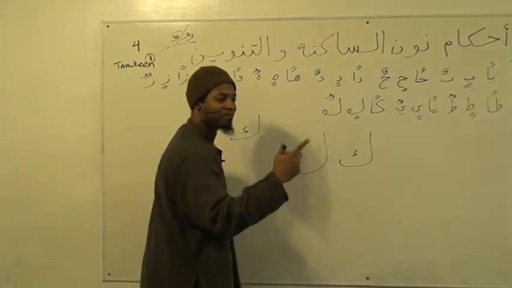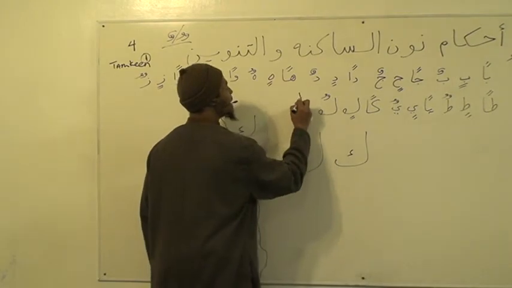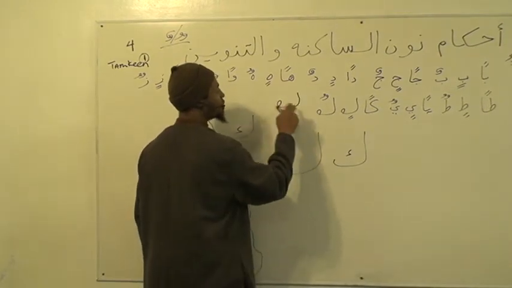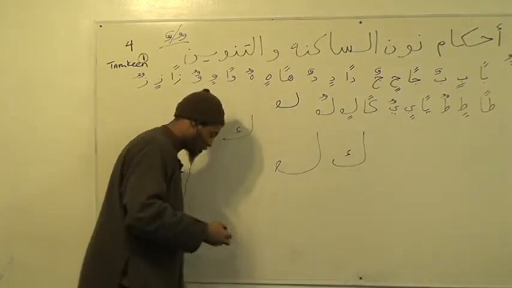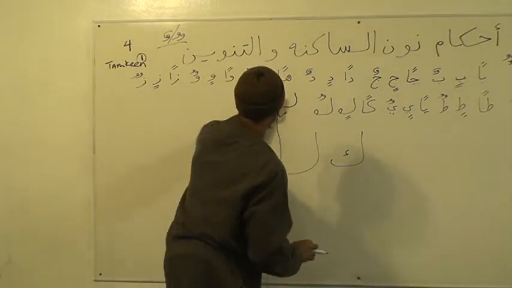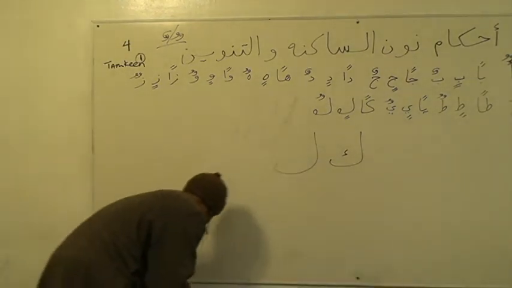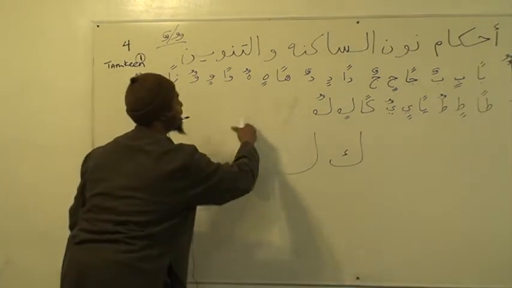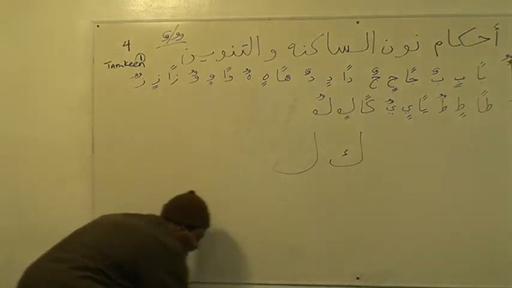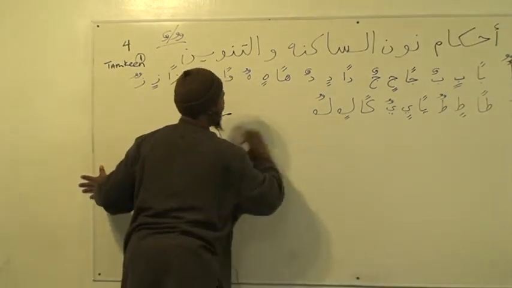So the teachers teaching reading and writing tell you to make the line and then come back over. This hook is a representation of the hamza that's supposed to be there on the kaf. I know that's not hard to figure out, but we want to make it clean and plain for everybody so they don't have to hesitate. So that's all that is.